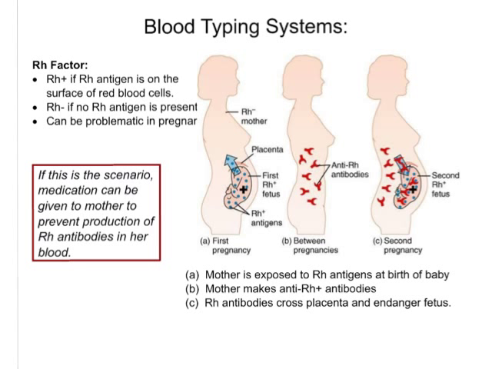But if the mother is exposed to Rh antigens at the birth of the baby, and the mother happens to be Rh negative, her exposure to the Rh positive antigens will cause her body after birth to create anti-Rh antibodies. Then, during a second pregnancy, if the fetus is Rh positive, the antibodies in her blood will attack it and damage it.